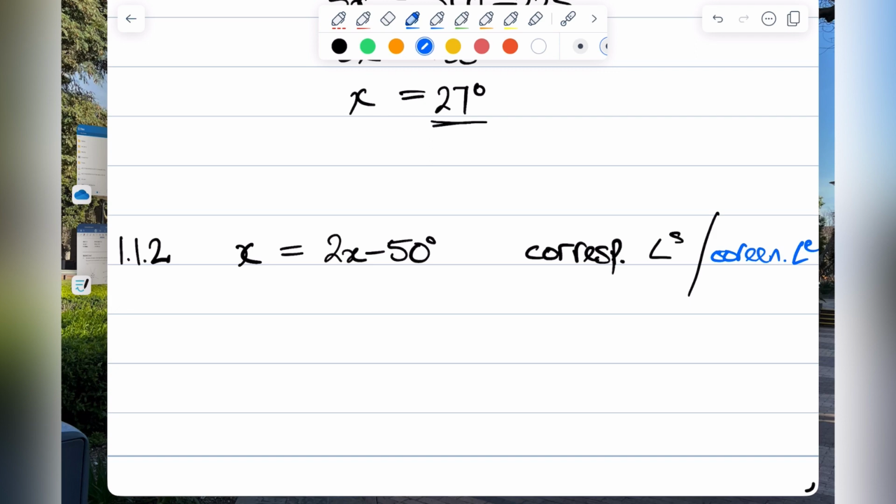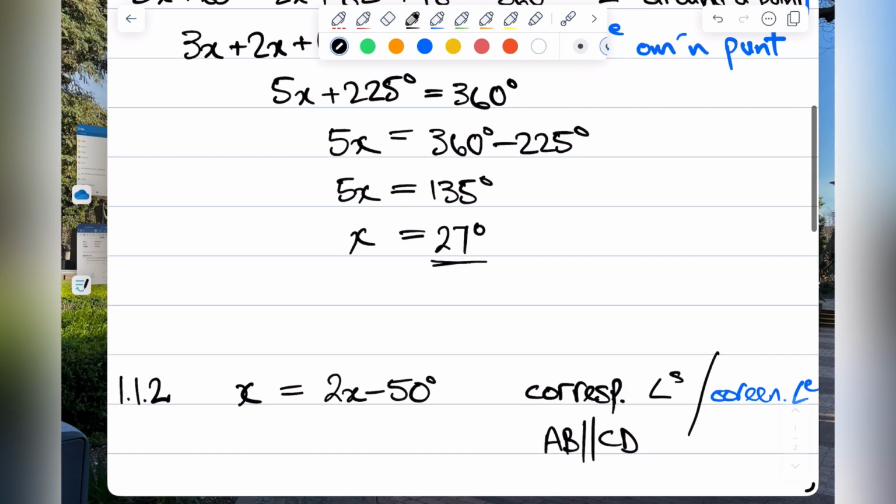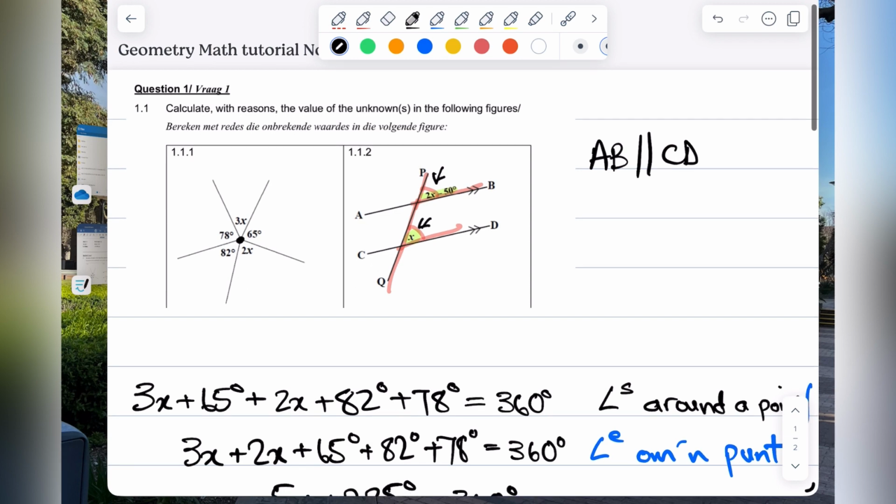So that is your reason, but we need to indicate that they are equal because AB is parallel to CD. So the reason why these corresponding angles are equal is because AB is parallel to CD. Because if AB and CD were not parallel, they would still be called corresponding angles, but they would not be equal.